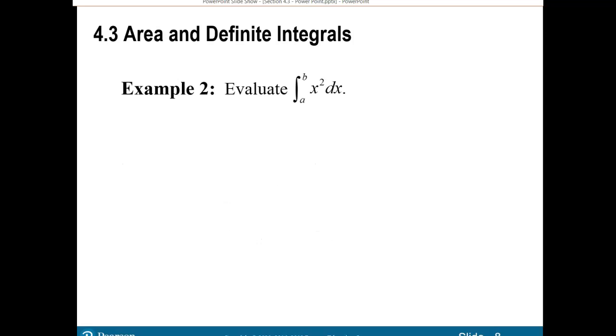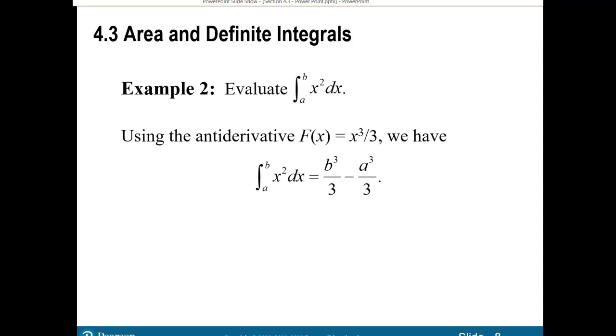All right, so evaluate the integral from a to b of x squared dx. So our antiderivative would be x to the third over 3. So if I plug in b and plug in a, I get b to the third over 3 minus a to the third over 3. Okay, so that's it.